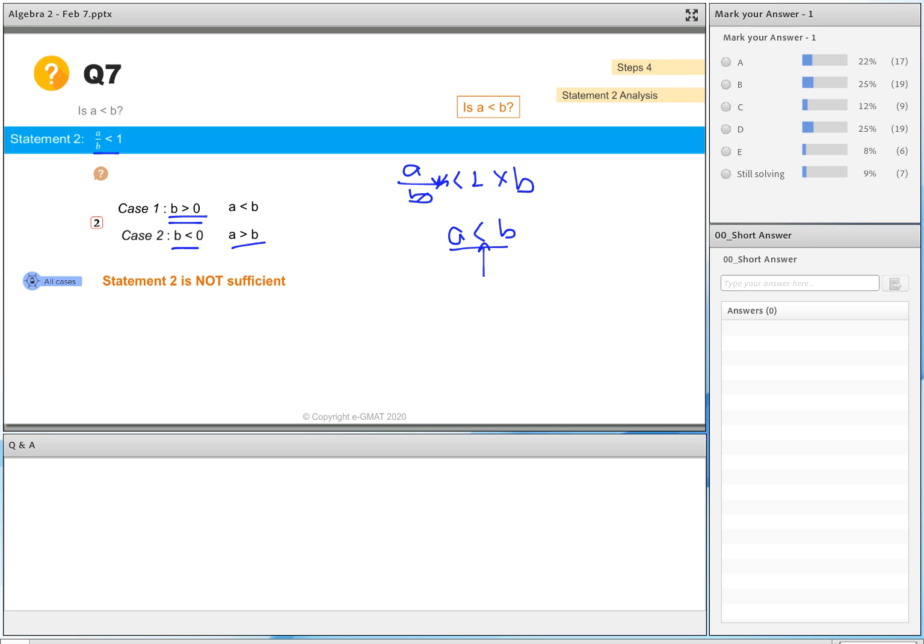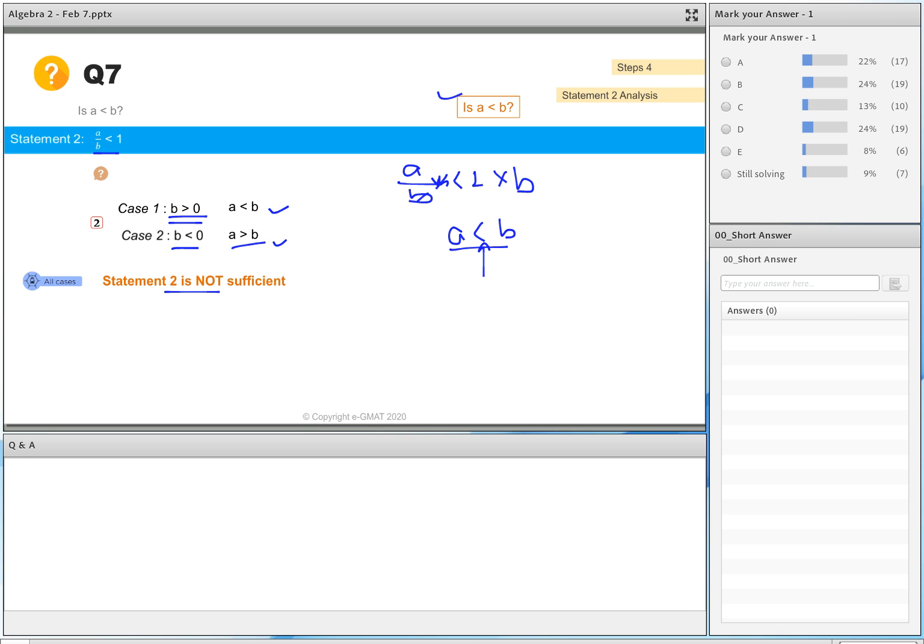So upon considering both the cases, depending upon b, I would have two cases. If b is positive, a is less than b. If b is negative, a is greater than b. Since I have again two statements from here, can I answer a less than b or not? No, because I have both the cases possible. So from the second statement as well, I cannot answer the question.